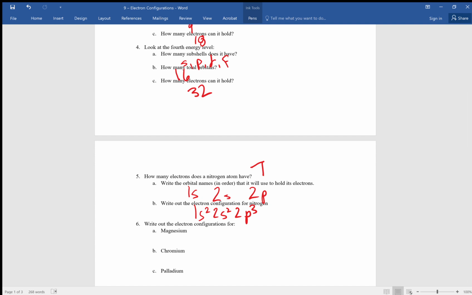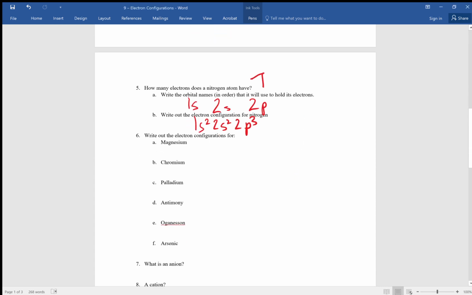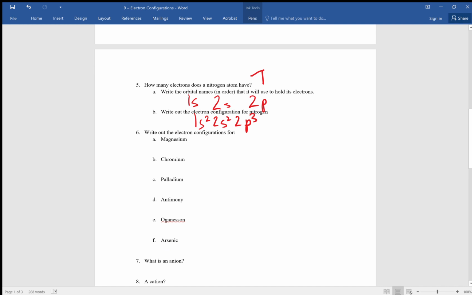For these next ones, we should start out by looking at a periodic table. So I'll assume that you have one nearby that you're referring to. And the first thing that we're going to do is identify the number of electrons for each of these elements.